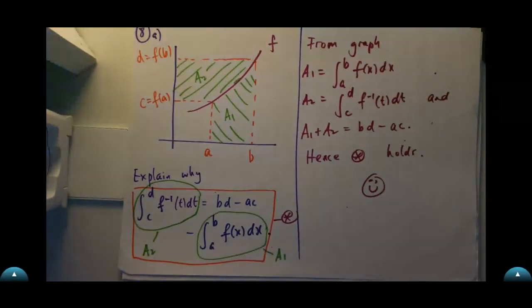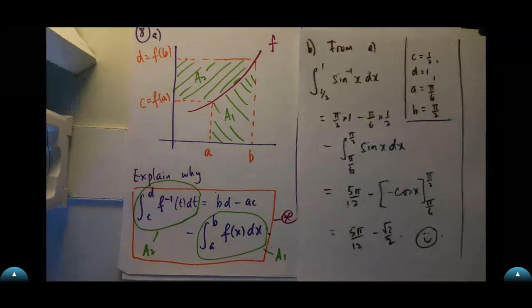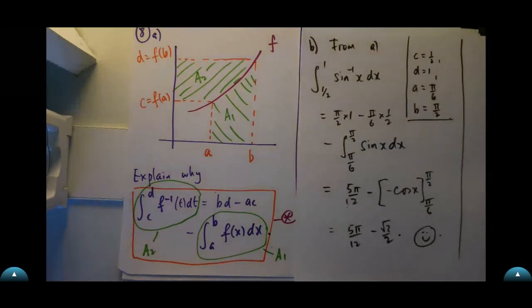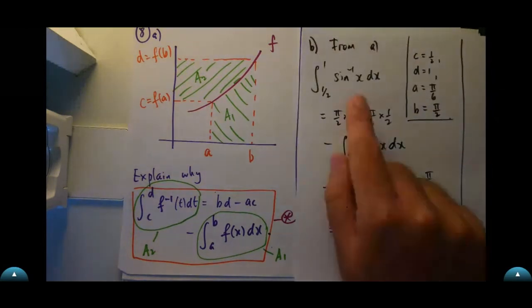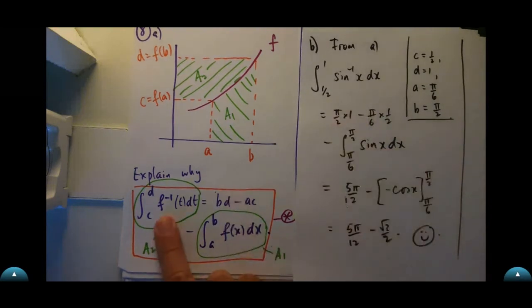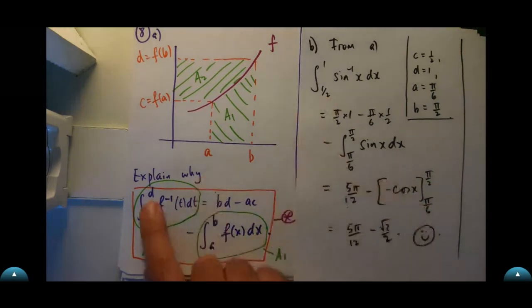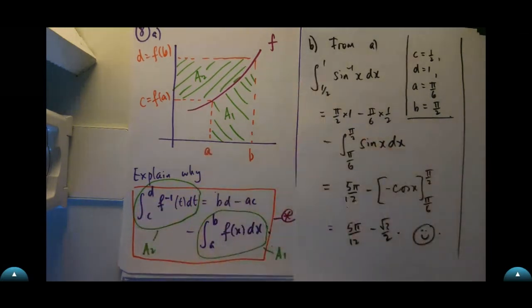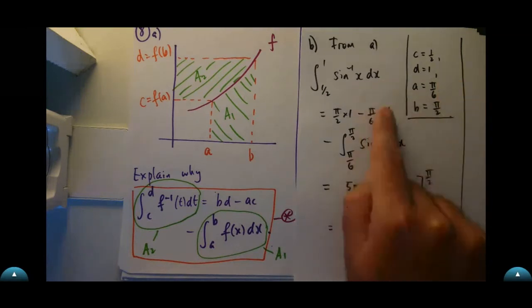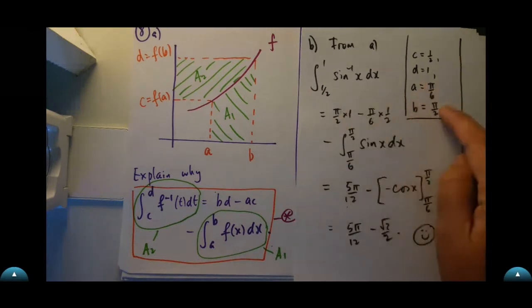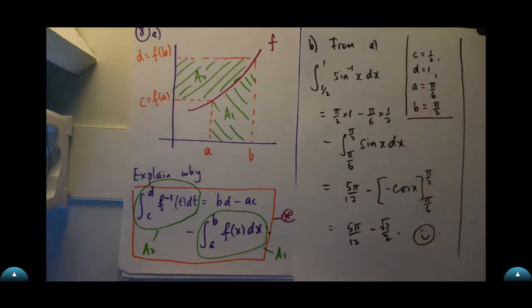So this is one I've done earlier. Sine inverse would be f inverse. C would be 1/2. D would be 1. A would be pi on 6 and B would be pi on 2.